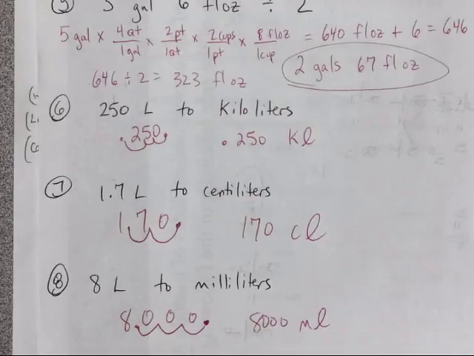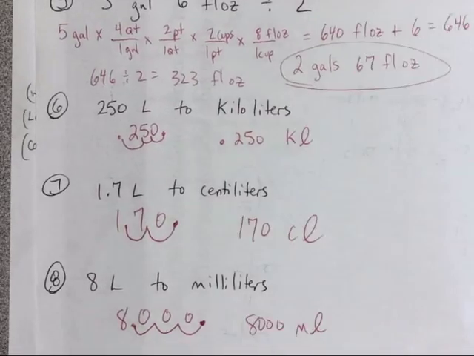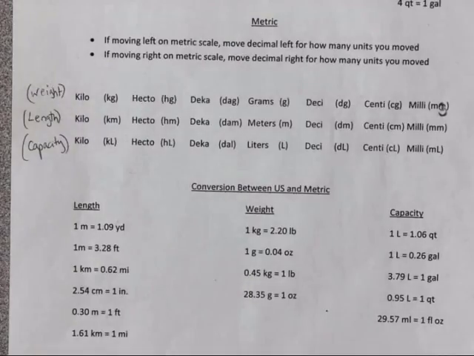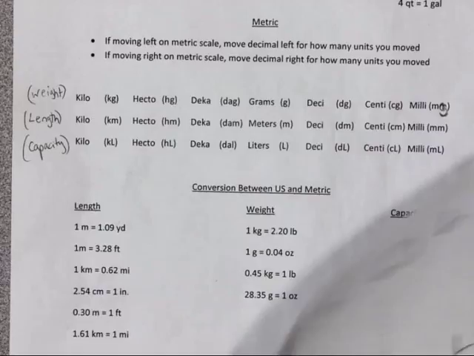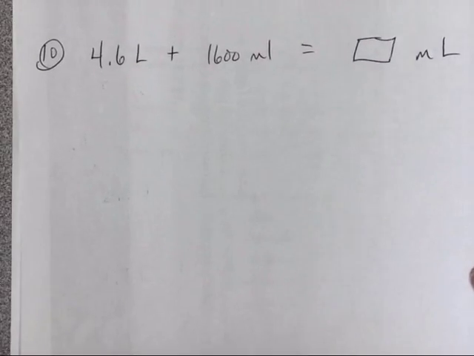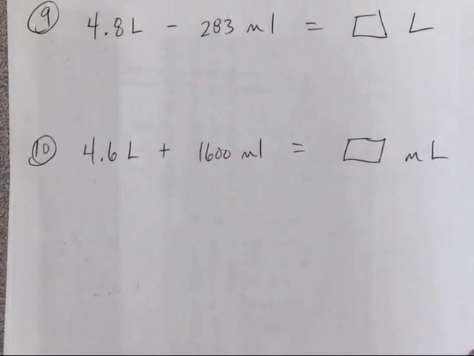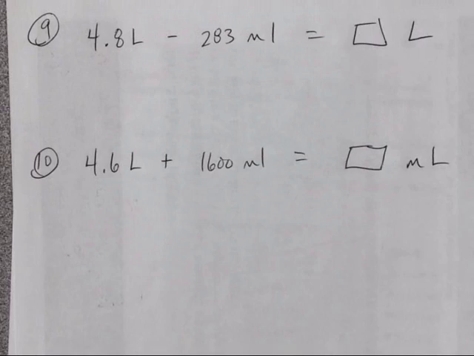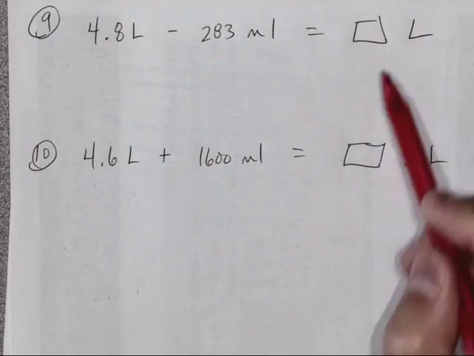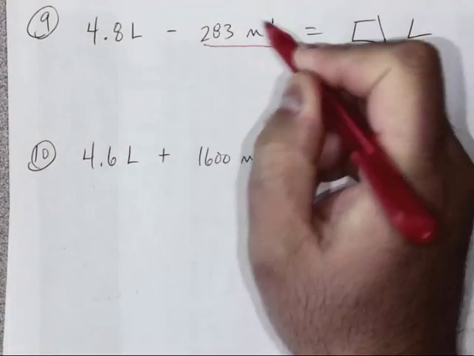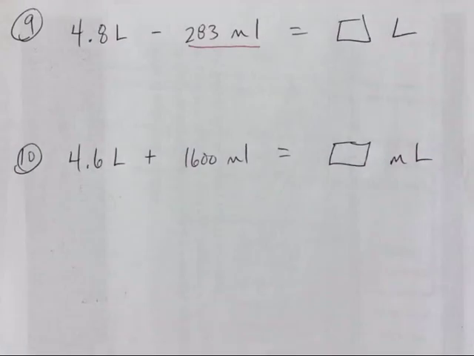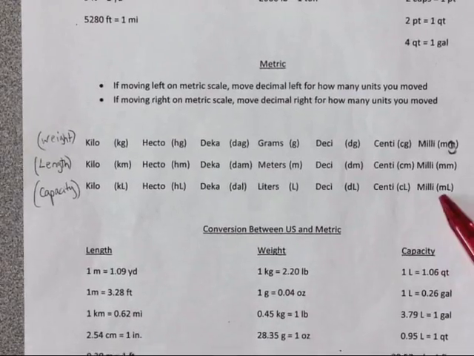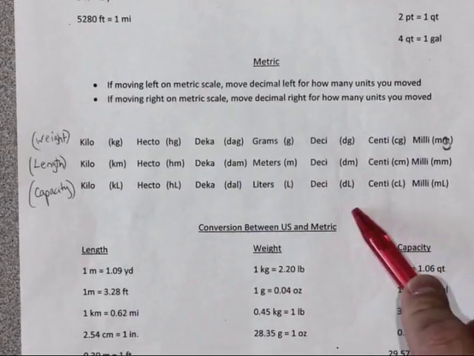So if you're doing the metric system, just use the conversion sheet that I have given you to help you out. Alright, so here's some arithmetic problems. You've got liters, milliliters, answer in liters. So that means I want to convert this to liters because this is already in liters. So if I'm going from milliliters to liters, I'm going to move the decimal 1, 2, 3 places to the left.